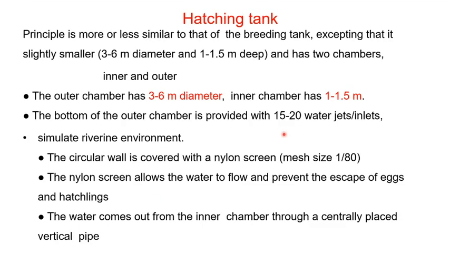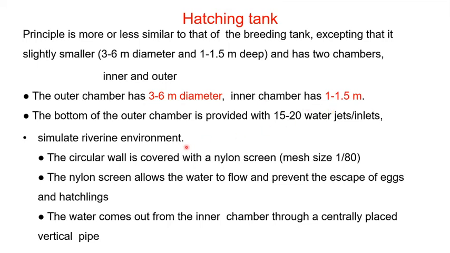The working principle of the hatching tank is more or less similar to that of the breeding tank, excepting that it is slightly smaller, around 3.6 m diameter and 1 to 1.5 m deep, and it has two chambers, inner and outer chamber. The outer chamber is 3 to 6 meters in diameter and the inner chamber is 1 to 1.5 meters.